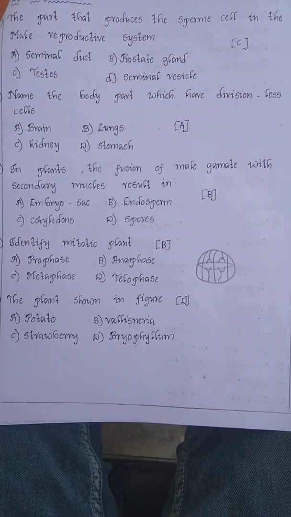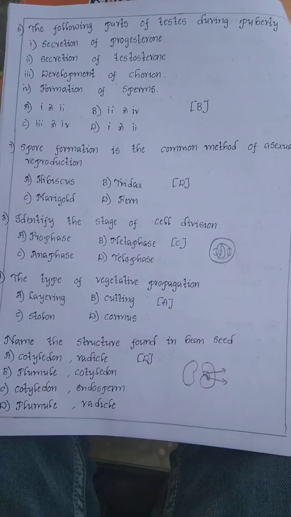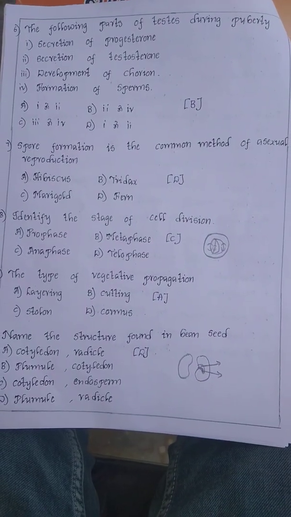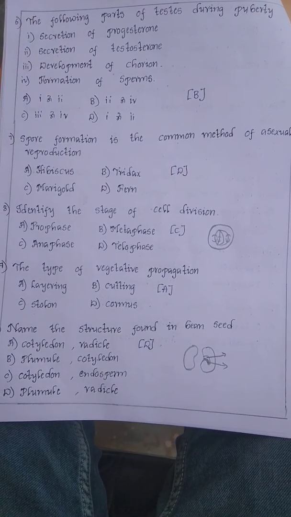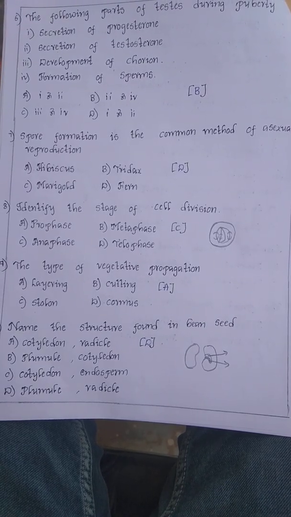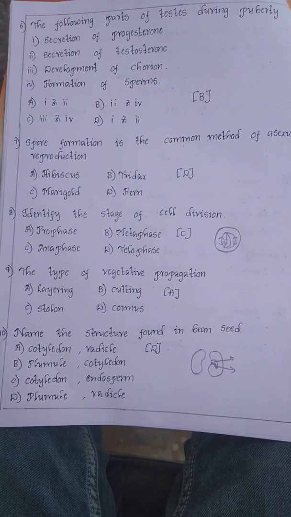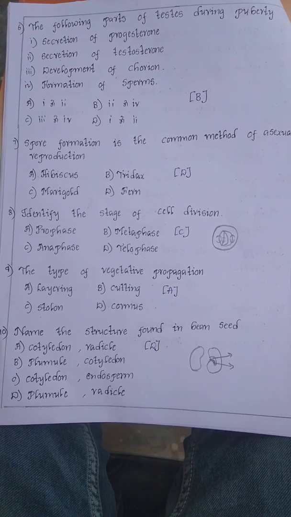The plant shown in the figure is Bryophyllum. The following parts of testes during puberty: secretion of progesterone, secretion of testosterone, development of cholin, formation of sperms. So that is secretion of testosterone and formation of sperms.